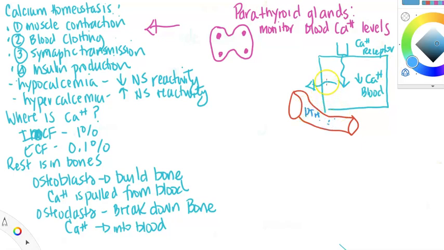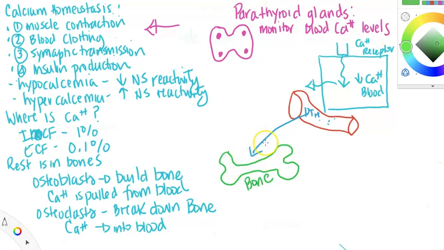PTH will target a couple of things. First of all, bone tissue. It will target bone to increase osteoclast activity to dump calcium into the blood.